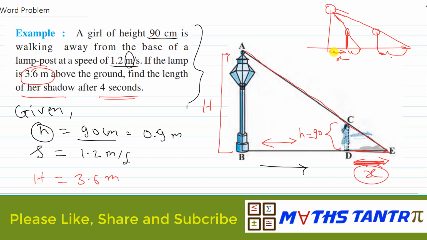Here you can observe, as Khushi is moving away from the lamppost, her shadow is also increasing. That is, the length of the shadow is increasing. So the length of the shadow will always depend on the position of that person who is standing near the lamppost. That's why this distance DE is very important.